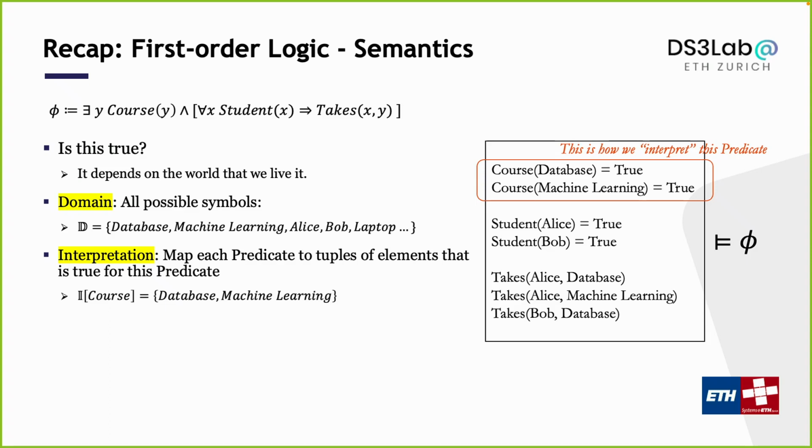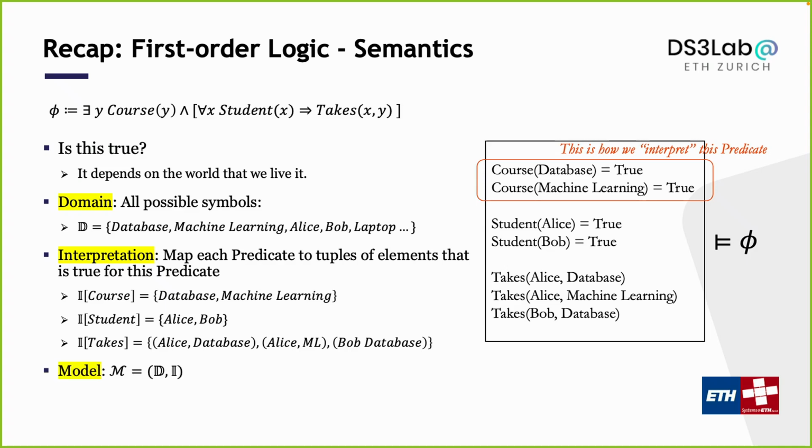For example, in this world, the interpretation of course contains database and machine learning, the interpretation of student contains Alice and Bob, and the interpretation of takes contains a whole bunch of pairs, like Alice database, Alice machine learning, and Bob database. Put domain and interpretation together, and you get something called a model.